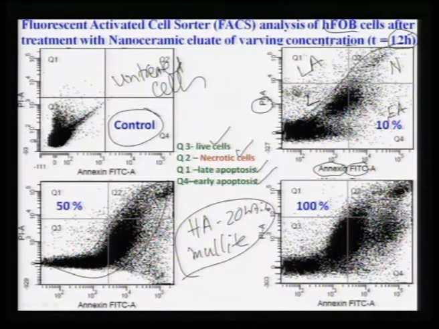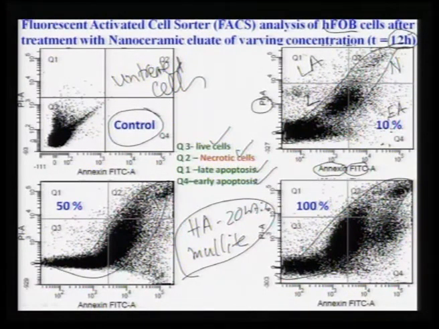You see that after this treatment, cells are following this kind of pattern. Let me first tell you that each data point here corresponds to the information of one single cell.